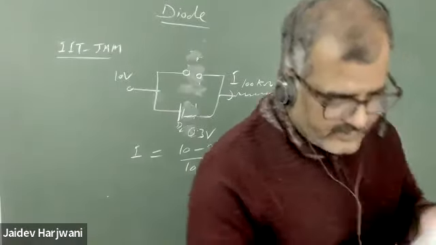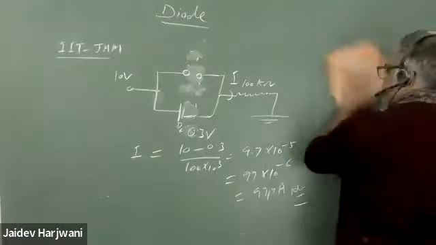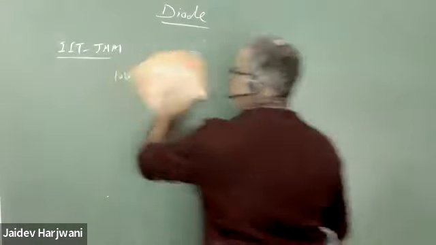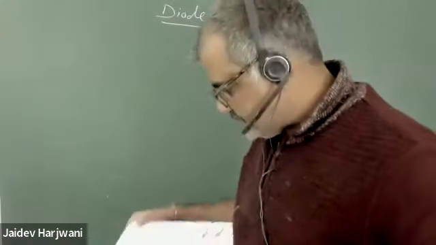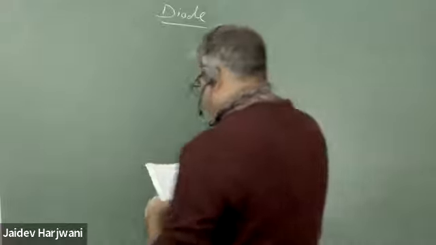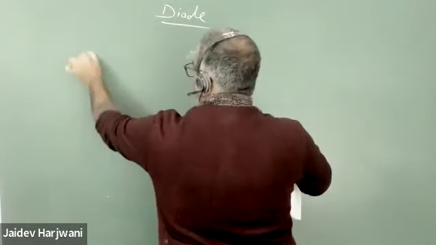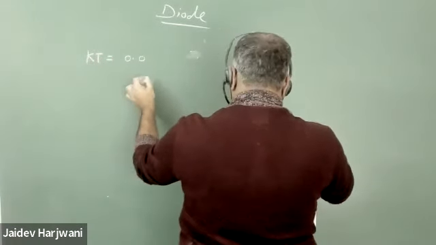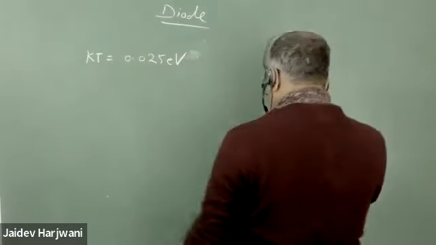Okay, there's one more good question. So we have a diode at room temperature. For that they have given KT equals 0.025 electron volt.